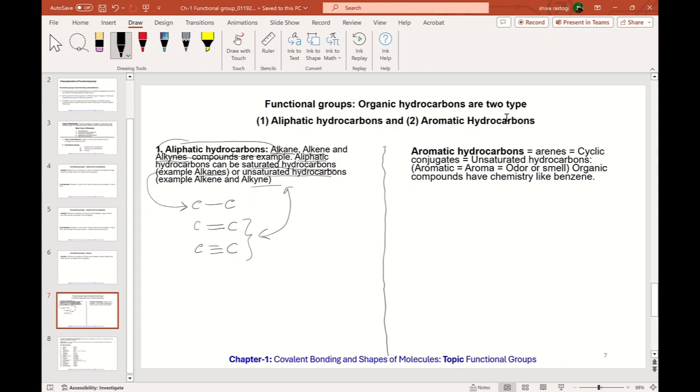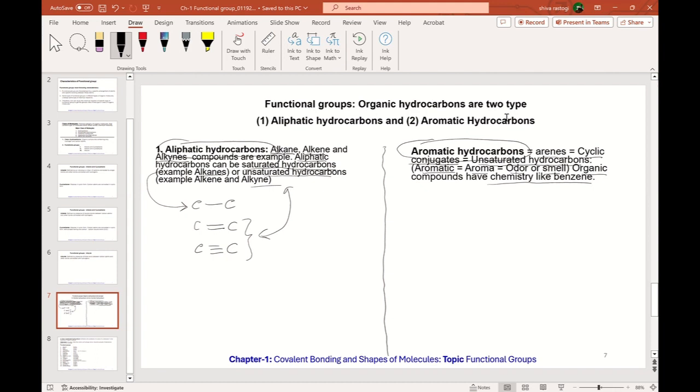Aromatic hydrocarbons are called arenes, or cyclic conjugates, or unsaturated hydrocarbons. And the word aromatic comes from aroma, meaning odor, or they have a very peculiar smell. So organic compounds having the chemistry of benzene are all called aromatic hydrocarbons.